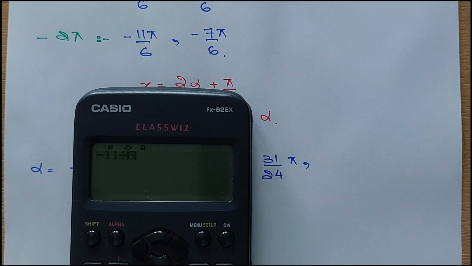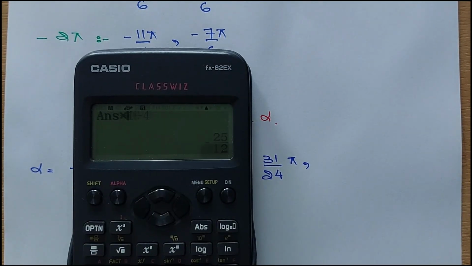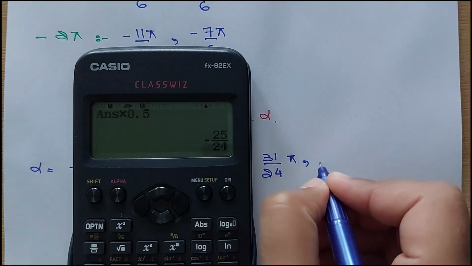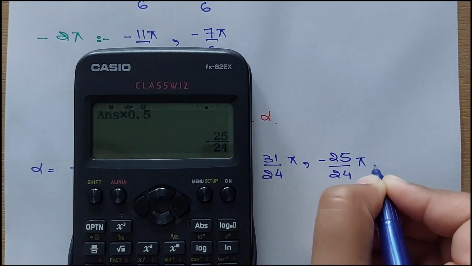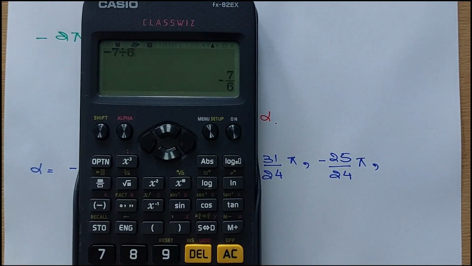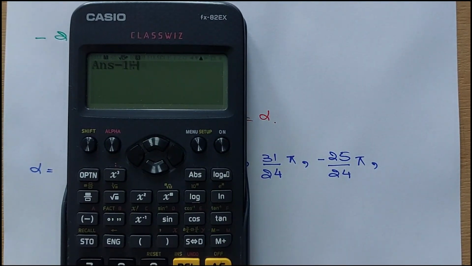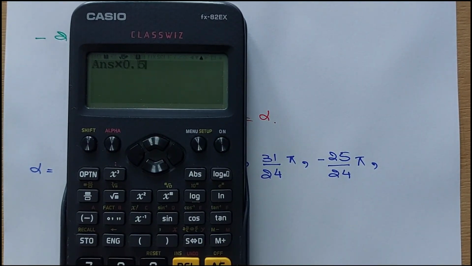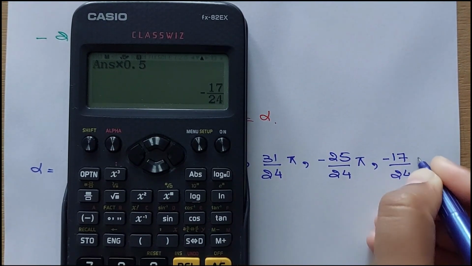Minus 11 divided by 6, minus 1 divided by 4, times 0.5 is minus 25 over 24 pi. And the last is minus 7 by 6. Minus 7 divided by 6, subtract 1 by 4, times 0.5 is minus 17 by 24 pi.